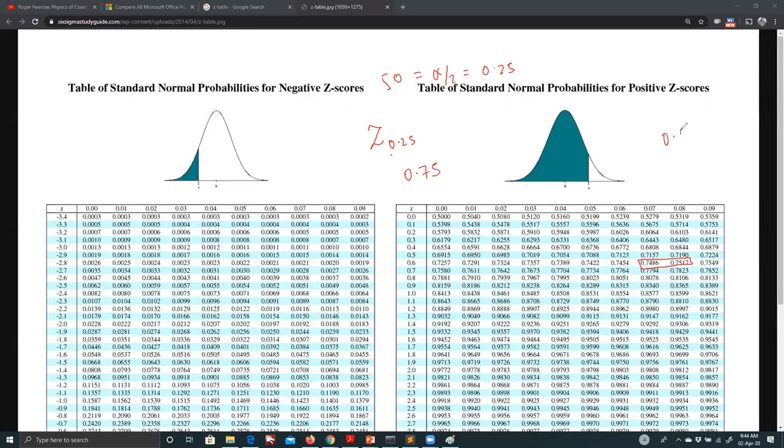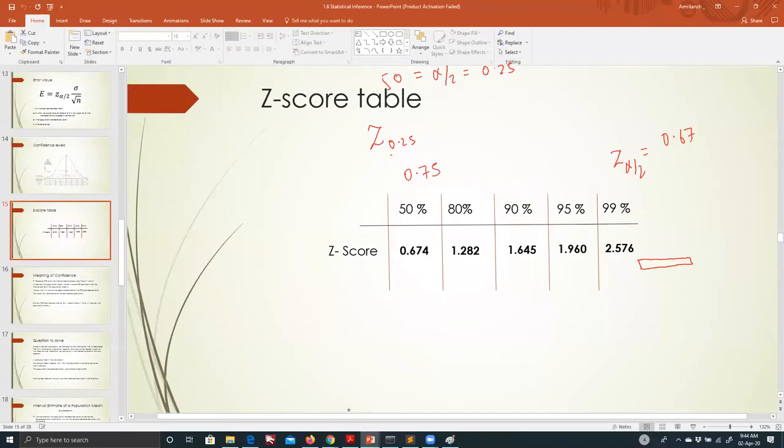You are good. So z alpha by 2, where alpha was 50%, is 0.67. Let's convert this in my PPT as well. Of course, the third decimal I don't know, so 0.67 is not wrong. Similarly, for 80% we already got 1.28.